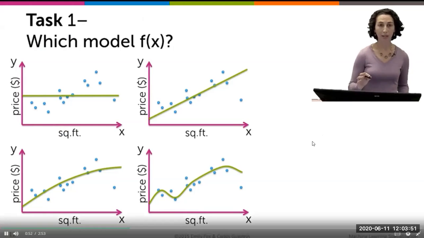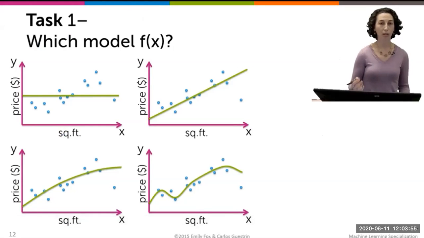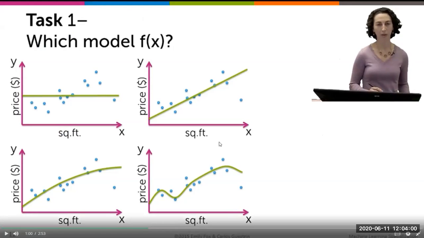Okay, so one task is, out of the space of all these models that we might consider, which is the one that we should use for a given data set and task? So she said, out of the space of all the models, she just means what? Out of all the possible models, which one is good? She calls that the space of all the models. That's a kind of mathematical term or way of discussing it. But anyway, out of all the models, which one should we use?